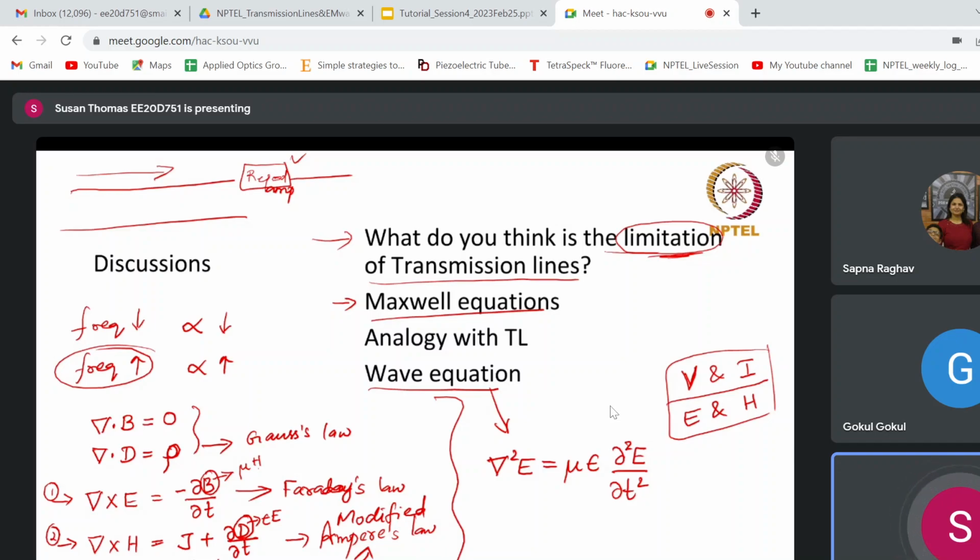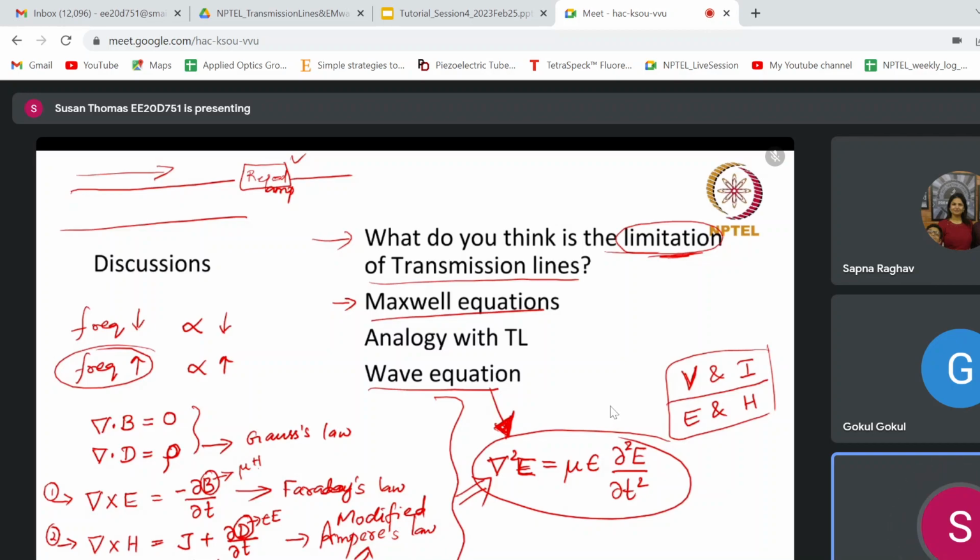To decouple that, we need an equation in E alone. By decoupling, we got this wave equation, which now has only E. This is a very important relationship. It gives a better understanding of electromagnetic waves.